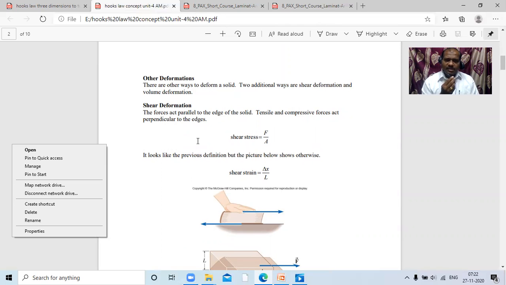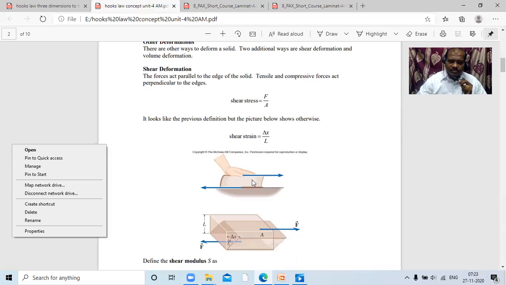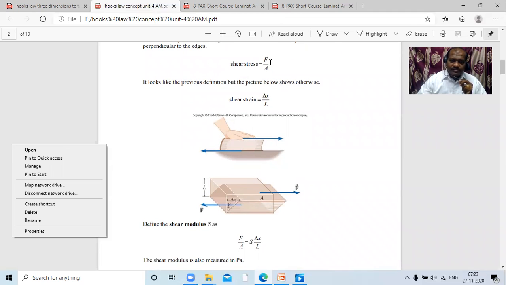Shear stress is equal to F by A. It looks like the previous definition, but the picture below shows the difference. Shear strain is equal to del x by L, where del x is the change in length and L is the original length. In shear deformation, F is force and A is area.